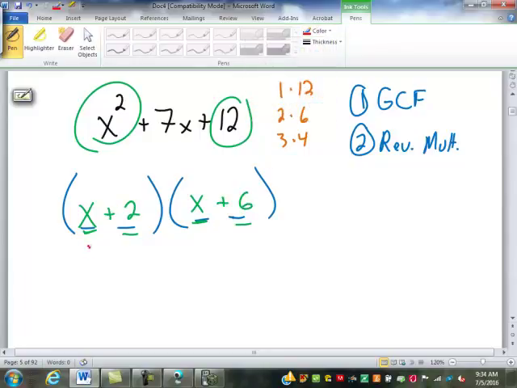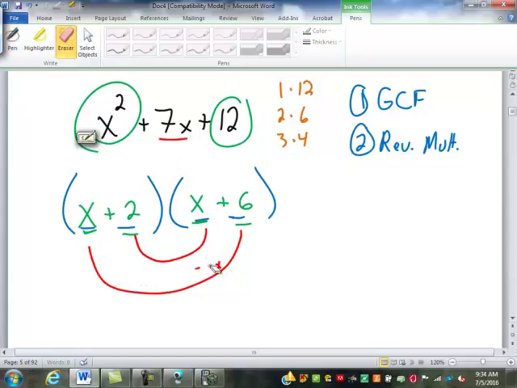And let's test it. What's x times 6? 6x. What's 2 times x? 2x. What's that add up to? 8x. Is that what we want? No. So that is not correct. The 2 and the 6 do not work. Next, let's try 3 and the 4.